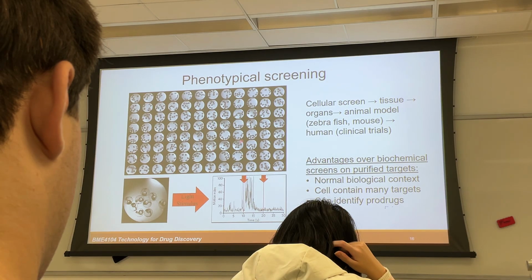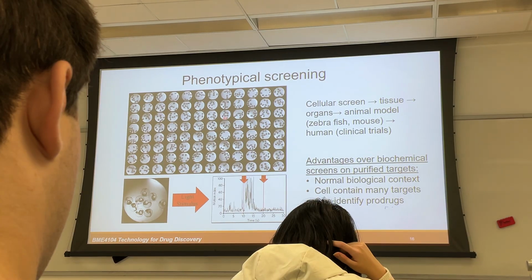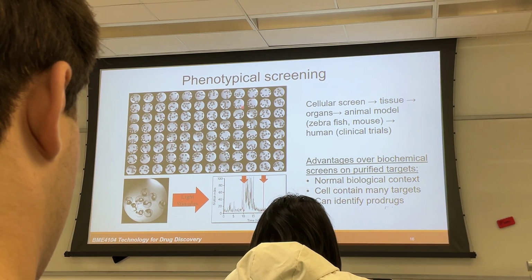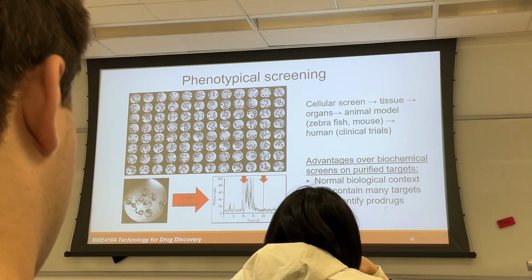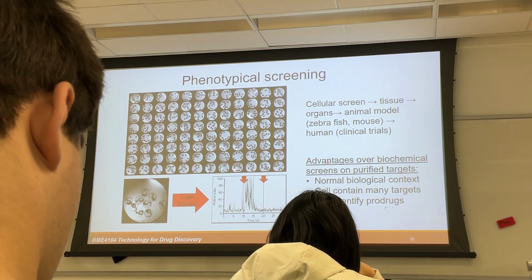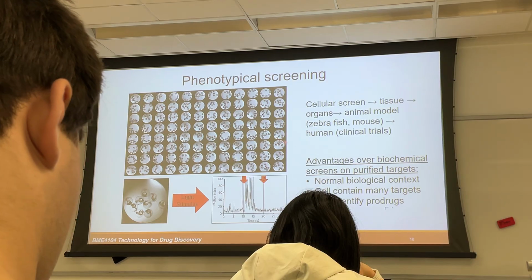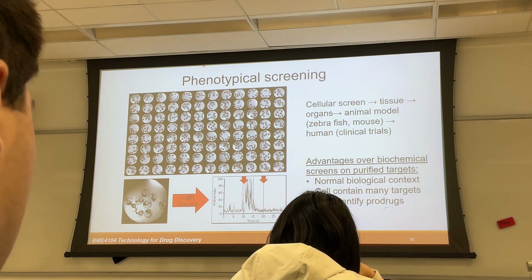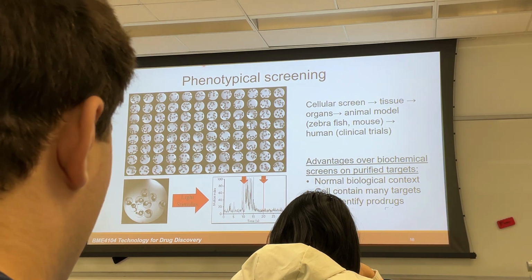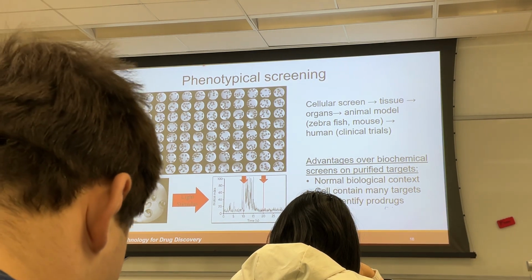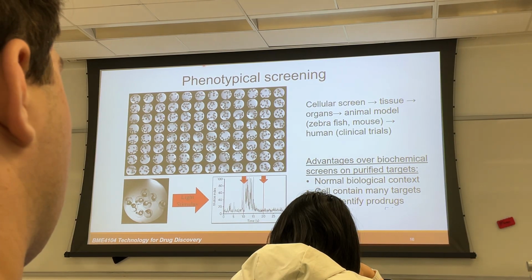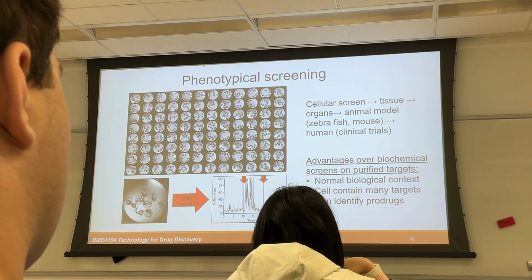All right. So usually in this phenotypical screening method, we either use cells, or here we use embryos, or even we can use a whole animal model. So the advantage of this kind of phenotypical screening is that since we directly work on a very large scale tissue or organ, very likely the screened-out compounds will be active towards humans as well.